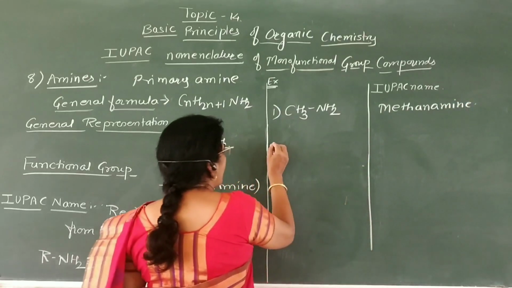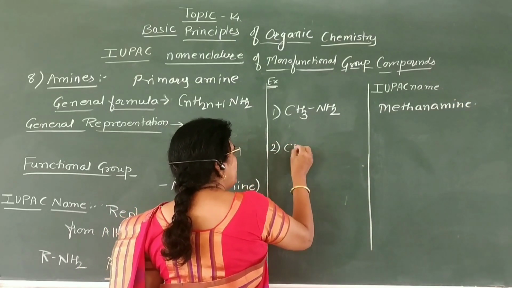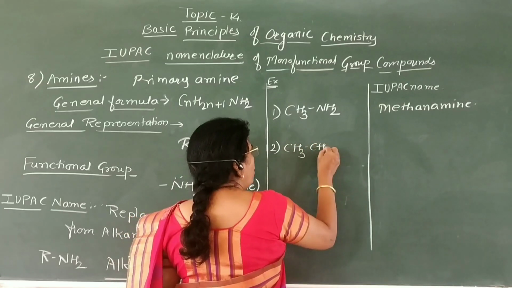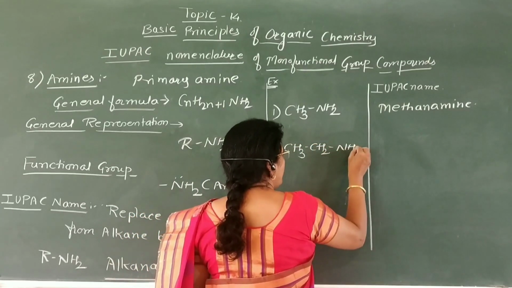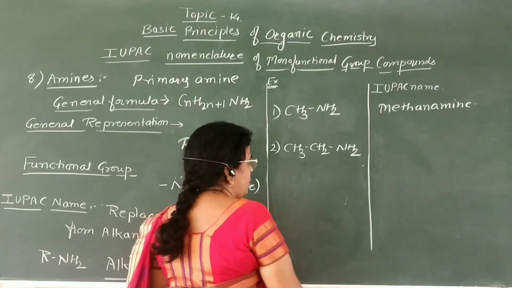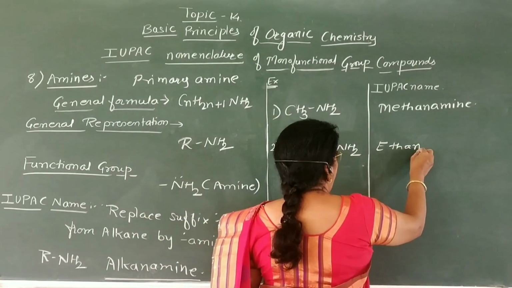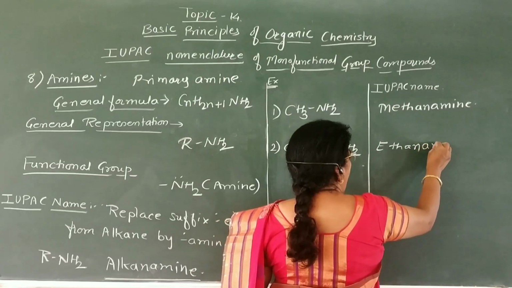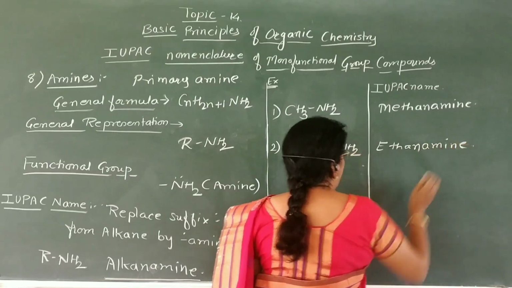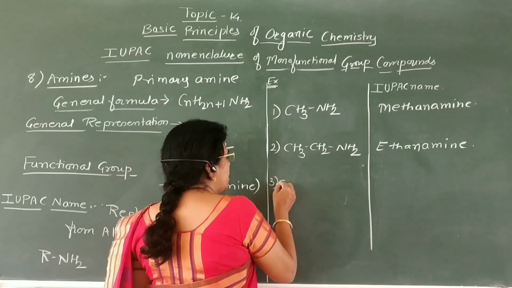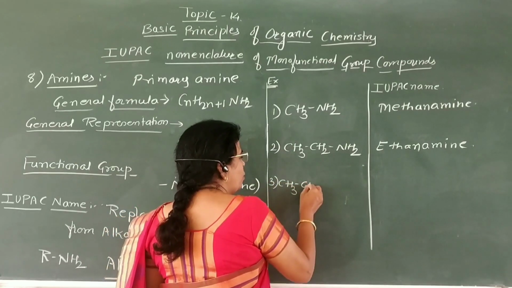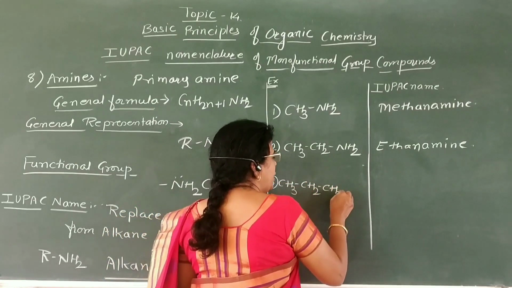Then second, CH3CH2NH2. Now there are two carbon atoms, therefore parent alkane is ethane, and replace E from ethane by amine. It becomes ethanamine. Third, CH3CH2CH2NH2.